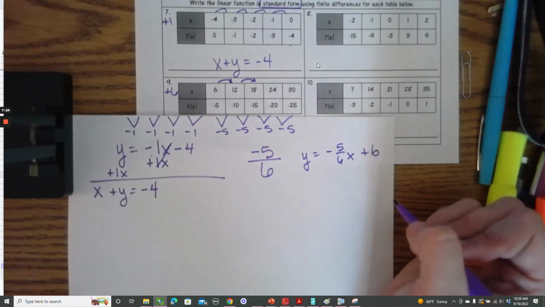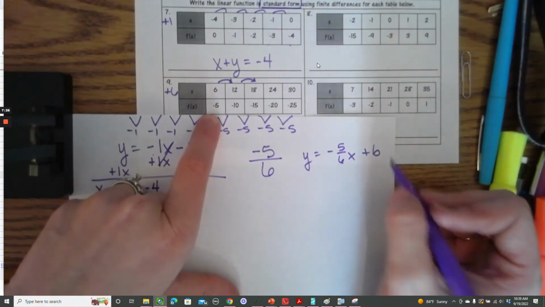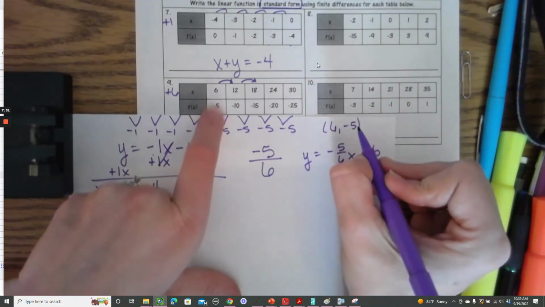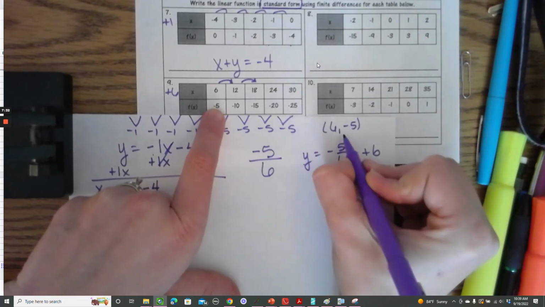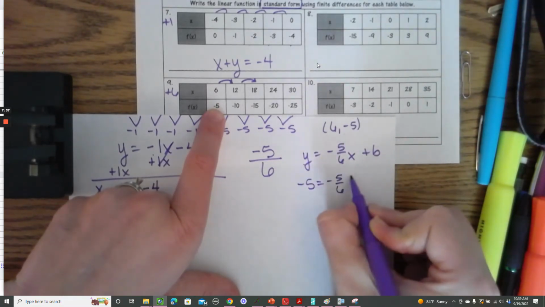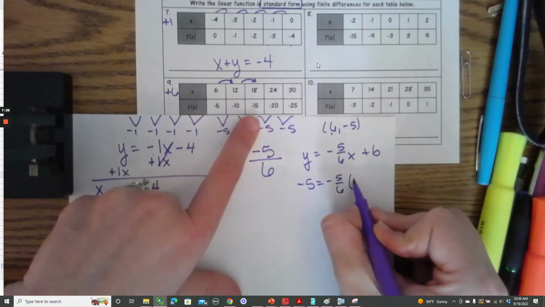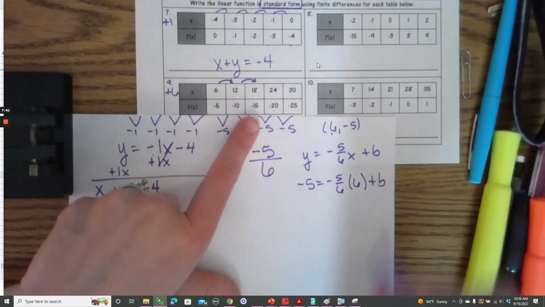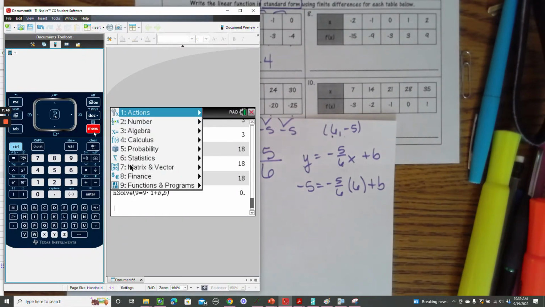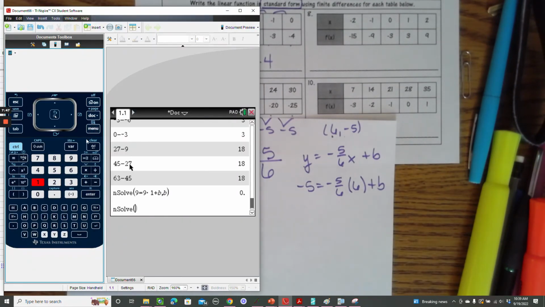Now I got to find the y-intercept. So pick a point. Let's use 6 comma negative 5. I'm pulling this right off the table. So the y is a negative 5. The x is a 6 plus b. And again, your calculator will do the heavy lifting for you.